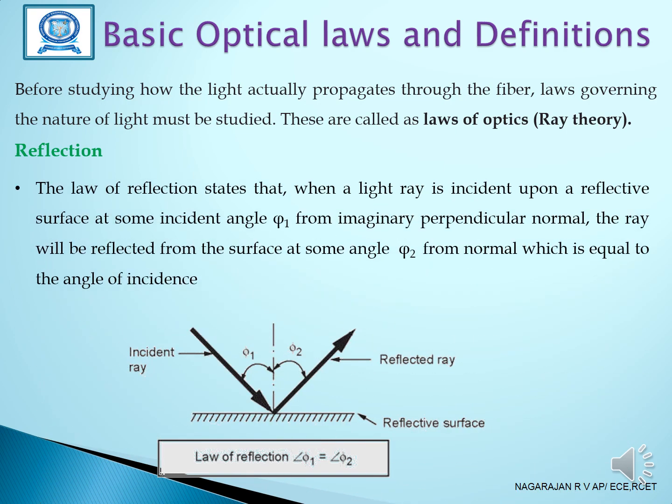The law of reflection states that when a light ray is incident upon a reflective surface at some incident angle from the imaginary perpendicular normal, the ray will be reflected from the surface at some angle phi 2 from the normal, which is equal to the angle of incidence. So the law of reflection is generally called angle of incidence is equal to angle of reflection.